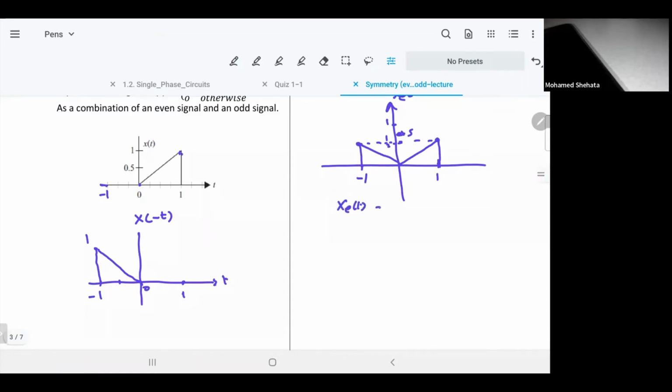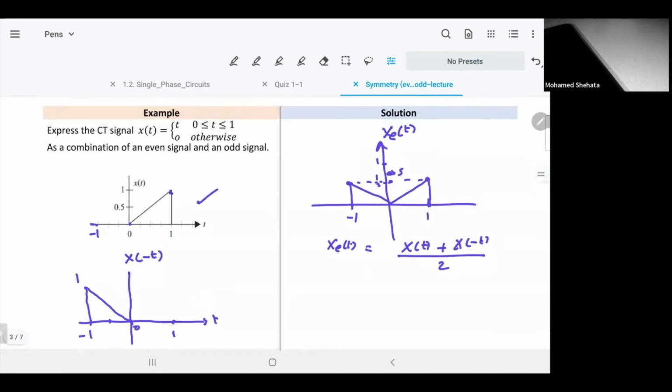I add x of t, the original one, plus this one, the time inverse, and divide by 2. It should be done at every single point, but I'm just taking the major points to make it easy. So when you look at it, you got the even one, right?